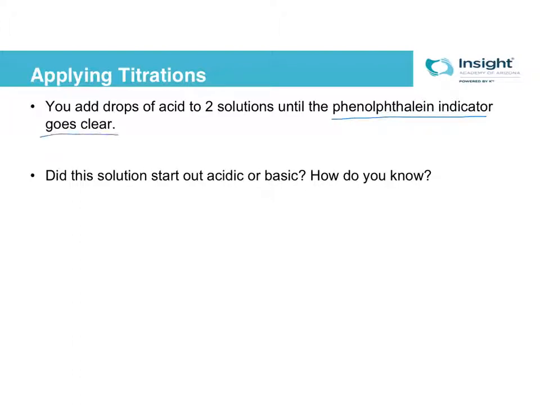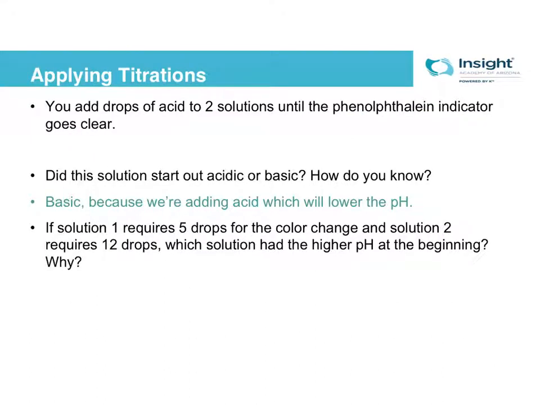This right here should be enough on its own for you to think about this. We're going clear, which means we're starting out not clear, which means we're starting out above 8.3. So our solutions were basic at the start. And when it changes, they're still basic, it's just that they were more basic. That's the first key to understanding what's going on in your lab.